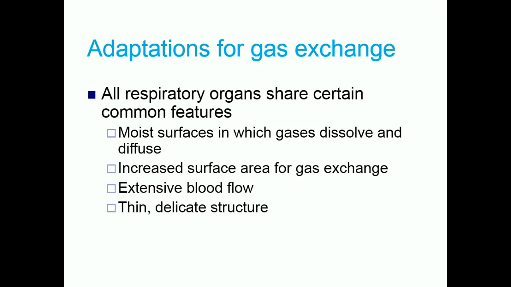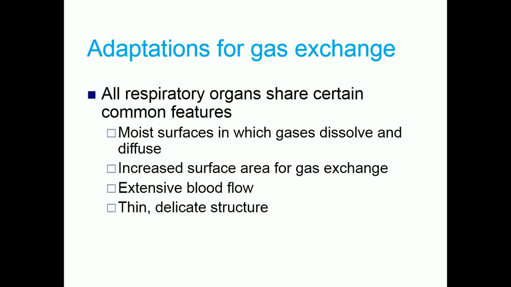Second, we have an increased surface area for gas exchange. All this invagination, all this folding, the formation of very fine and large surfaces where gas exchange can take place. Third, we have a great amount of blood flowing through gas exchange membranes.